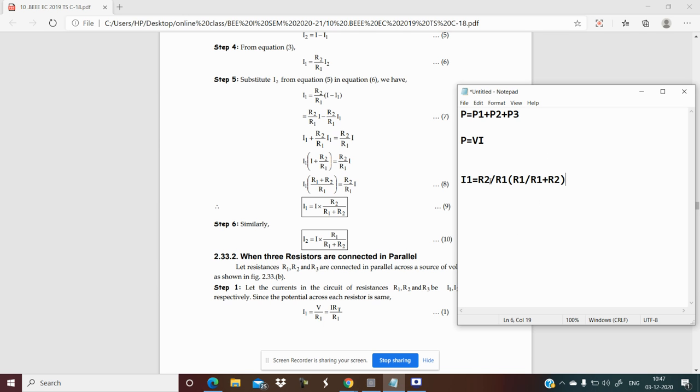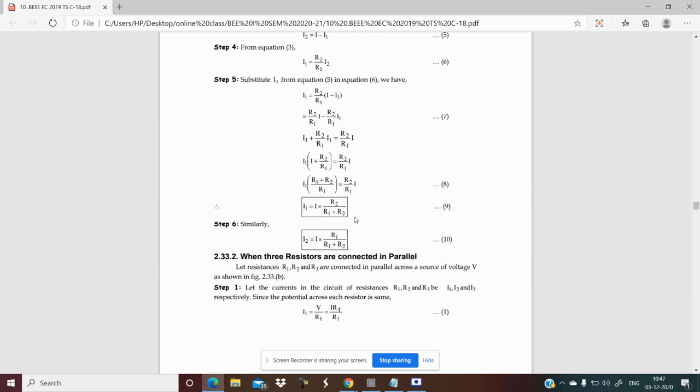Here this R1 and this R1 get cancelled, so finally we remain only with R2 divided by R1 plus R2 into I. So I1 is equal to I into R2 divided by R1 plus R2.